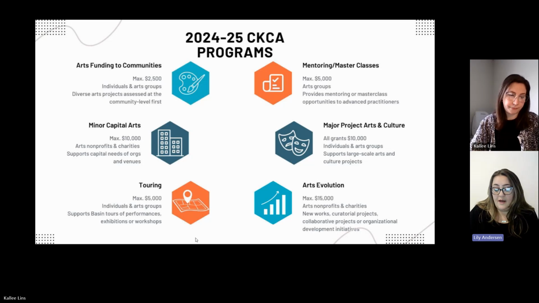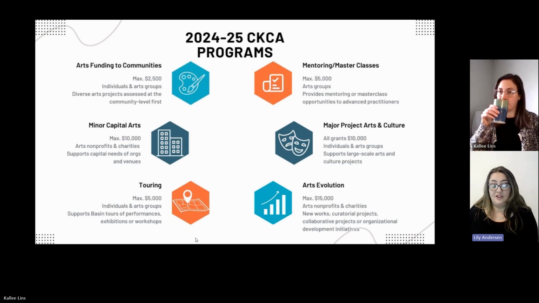The second one we'll be talking about is minor capital arts. The eligibility for this program is for registered nonprofit arts and culture organizations and venues only. This supports the capital needs, development, and preservation of arts and culture venues and organizations.